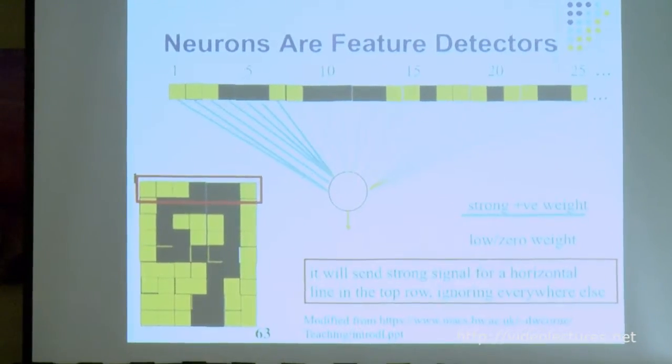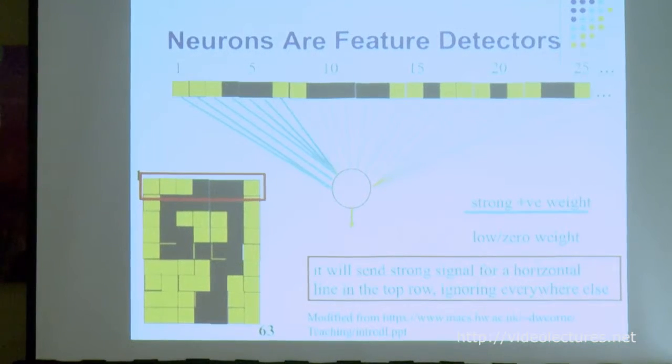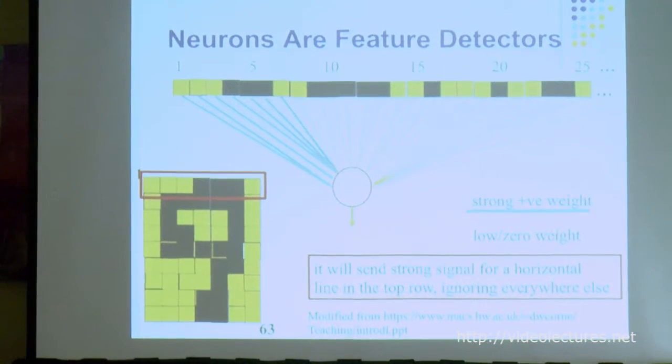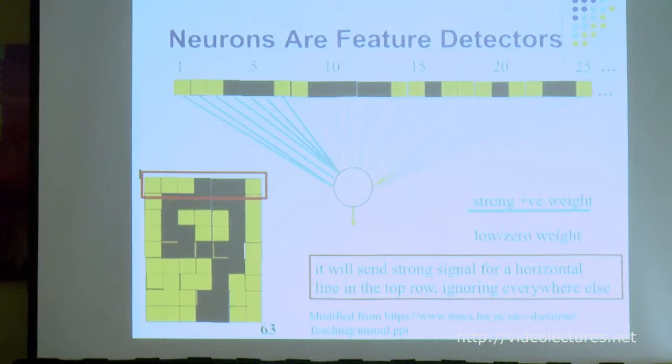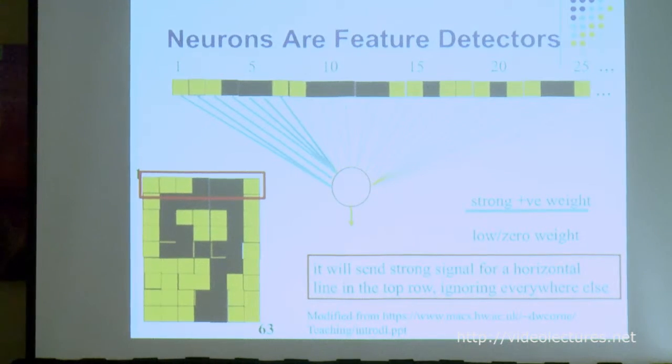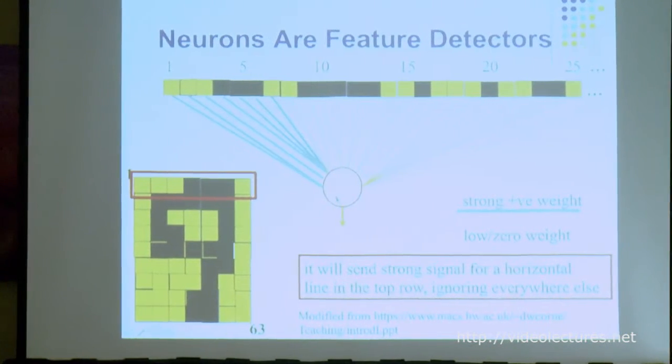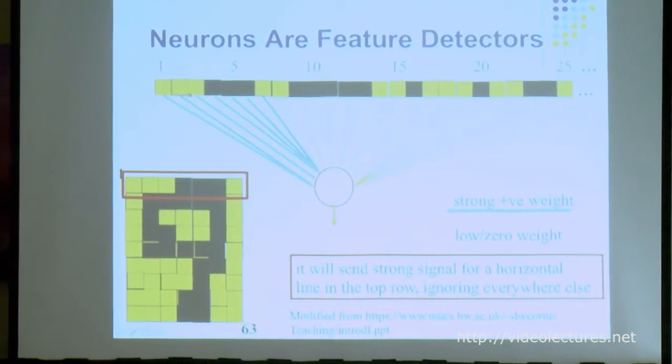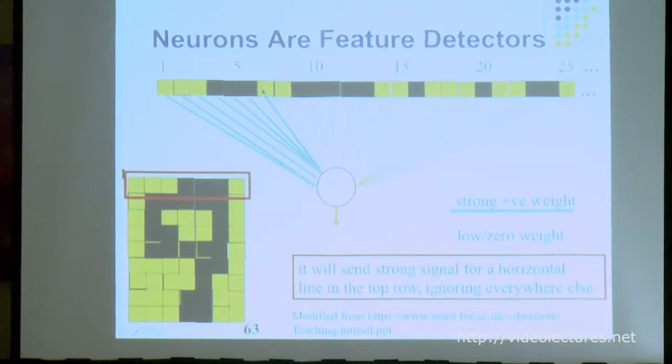So what does this mean for neural networks? Let's look at another very simple example, image annotation. We're trying to recognize the character 9 in this image. If we use a neural network, each neuron is basically a feature detector. Let's look at one neuron. Suppose it picks up signals from the first few cells. In this case, the neuron is trying to recognize the horizontal line at the top of the image.